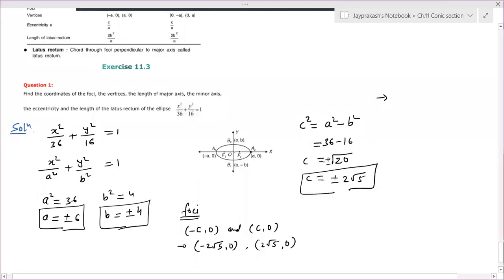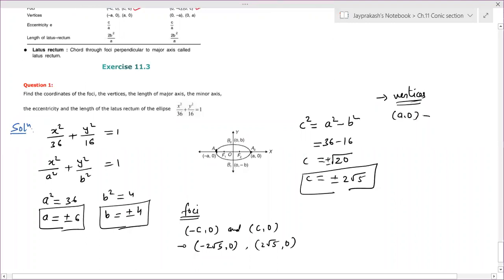These are the end points A1 and A2. So we have vertices a comma 0 and minus a comma 0, and we have already calculated a is plus minus 6. So we write here 6 comma 0 and minus 6 comma 0.